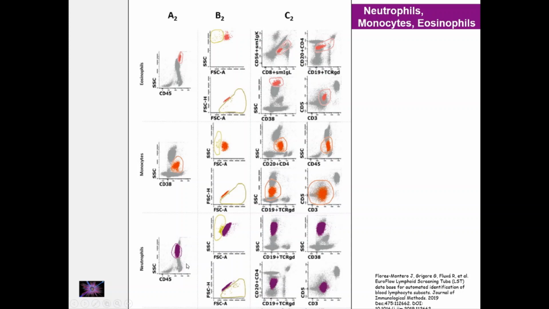And the neutrophils had intermediate expression of CD45 and side scatter and were all negative for all the other markers. In each of these analyses, I call your attention to the fact that both debris and doublets were excluded so that populations might be purified.